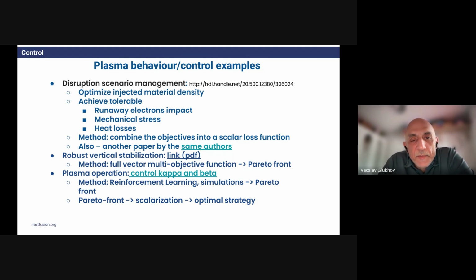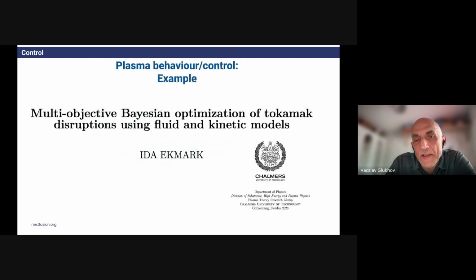There's a paper on robust vertical stabilization. Very interesting. They use a multi-objective function, and they find the Pareto front as the result. And a third paper is where they're trying to control kappa, which is plasma elongation, and beta, which is plasma pressure. And they do both. They do the Pareto front, and then they use scalarization to design an optimal strategy.